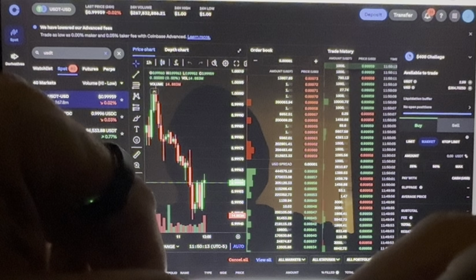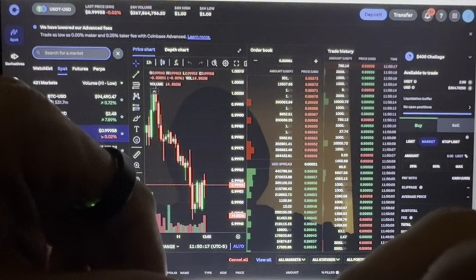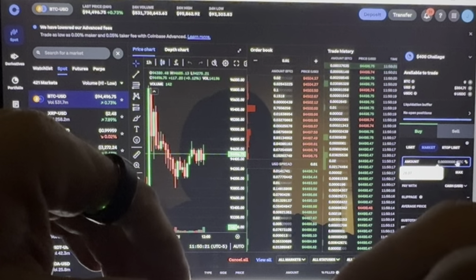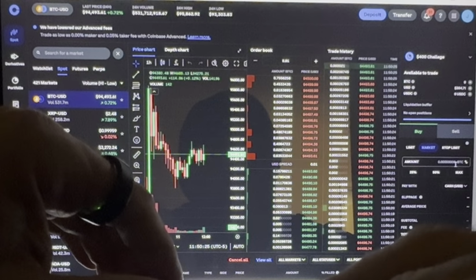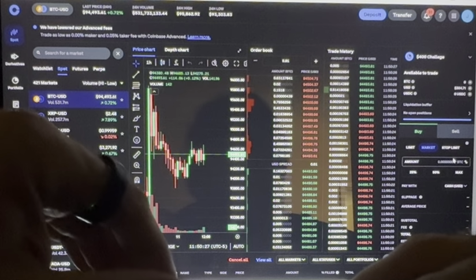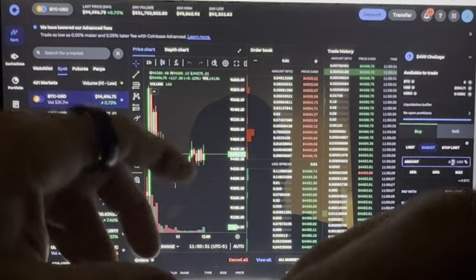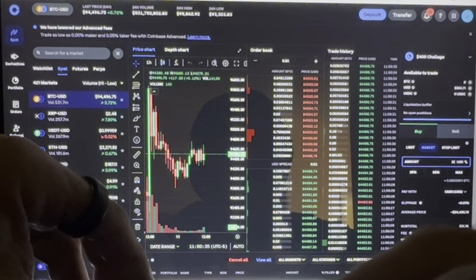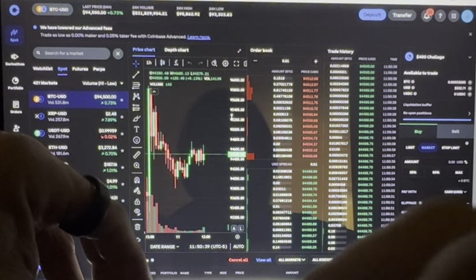So let's go in here, buy, what is $32 worth? There we go. $32 worth, and buy. Bloop, we've got BTC.